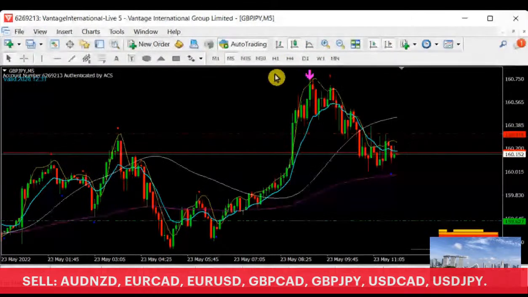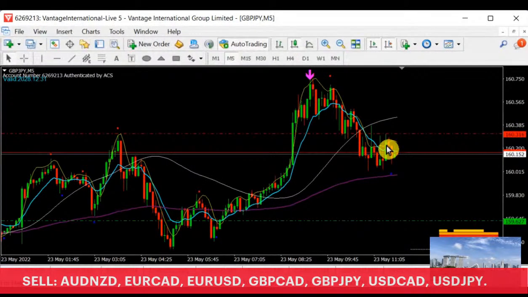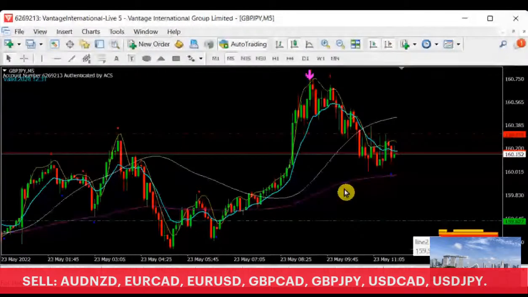Lower resistance created a lower low. That means it's a sign of strong selling, because sellers are still willing to sell at a lower price than the support.